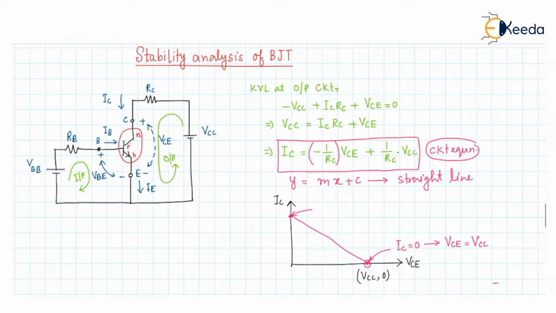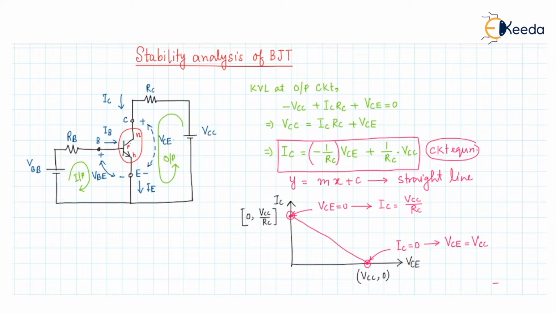Similarly, we can find the other coordinate by putting VCE equals 0 in the circuit equation. Then the IC value will be VCC by RC, so the coordinate of this point will be 0, VCC by RC.